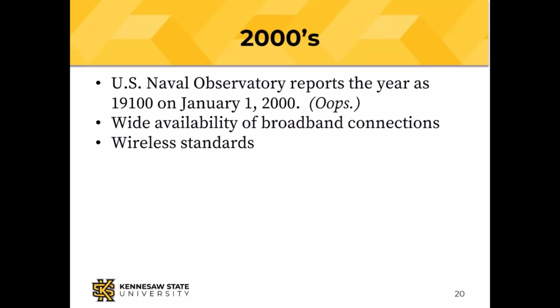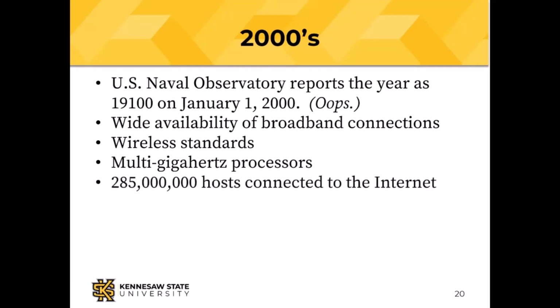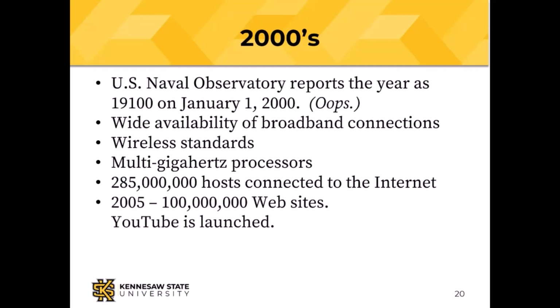Now we have standards, and that's why this ThinkPad can talk to that wireless network. Processors that ran at more than 1 gigahertz. We'll talk about hertz and gigahertz as we go along. 285 million internet-connected hosts in the middle of the 2000s.